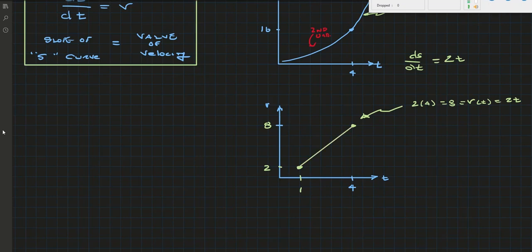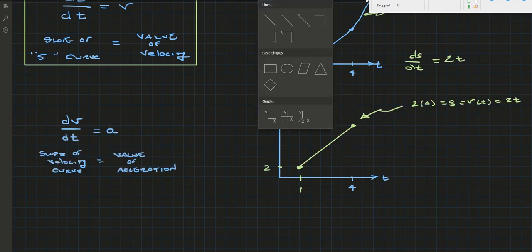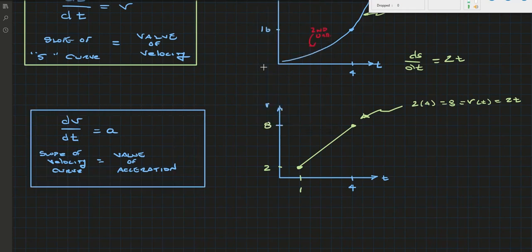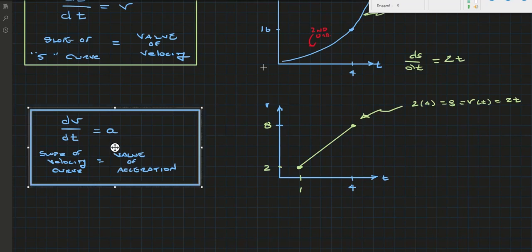Taking this idea to the next step, we can look at the derivative of the velocity with respect to time equals our acceleration. So the slope of the velocity curve equals the value of the acceleration curve.